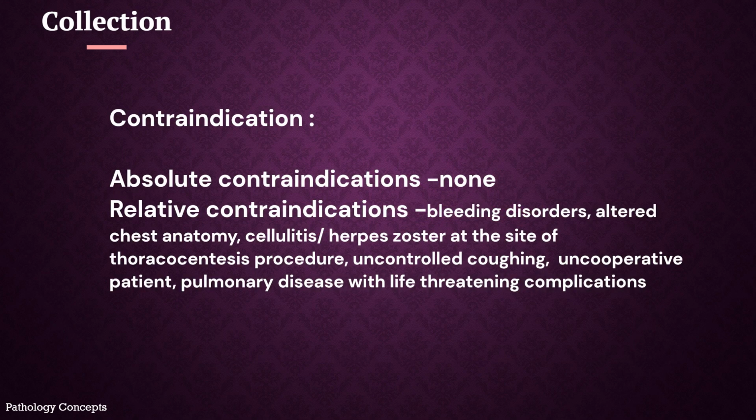There are no absolute contraindications of this procedure, but there are a few relative contraindications such as bleeding disorders, altered chest anatomy, cellulitis or herpes zoster at the site of the procedure, uncontrolled coughing, uncooperative patient, and pulmonary disease with life-threatening complications.